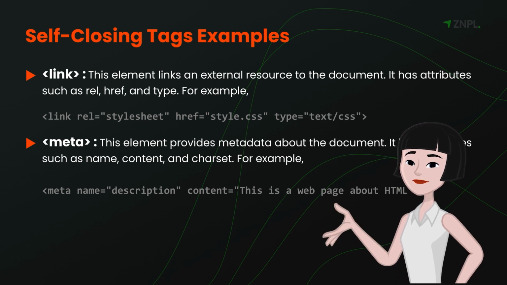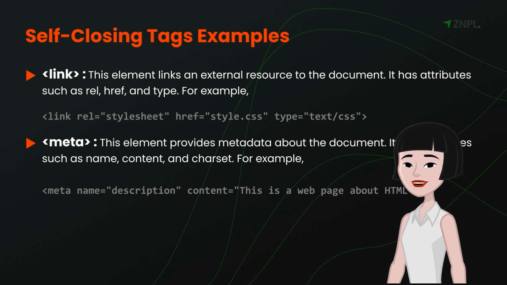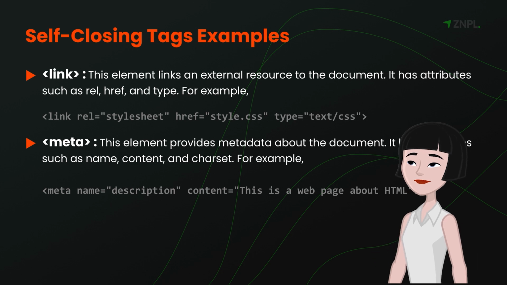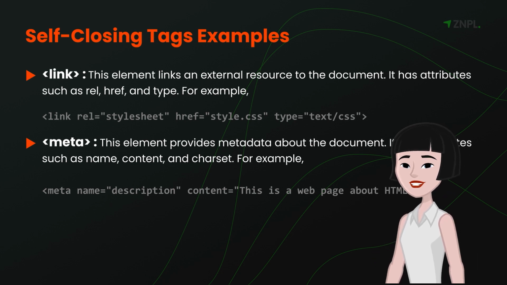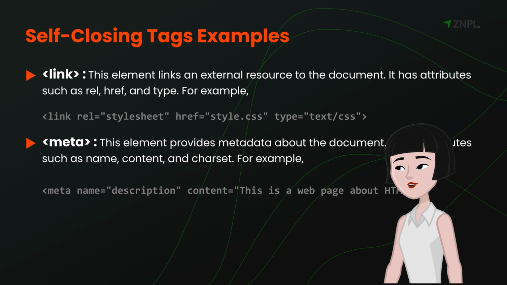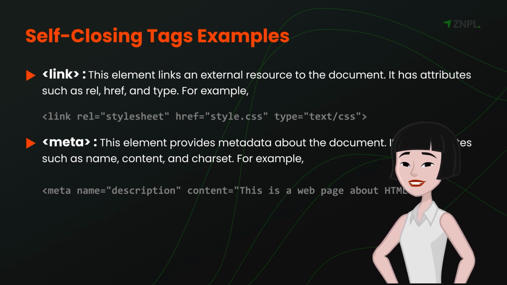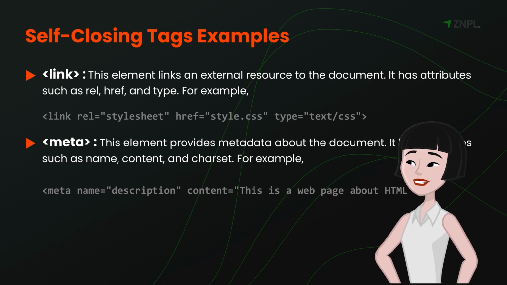For example, this will describe the web page for search engines. These are some of the self-closing elements in HTML. Self-closing tags provide a more concise and cleaner way of writing HTML code. They make it easier to understand the structure of the document and can save you time when coding.